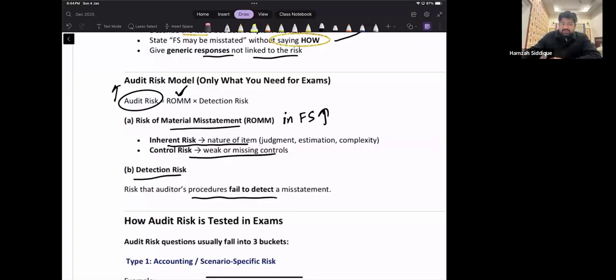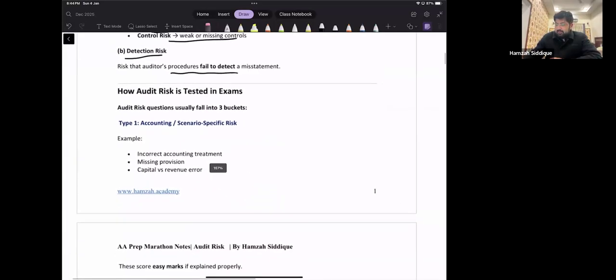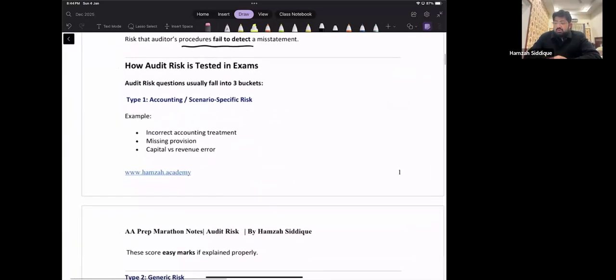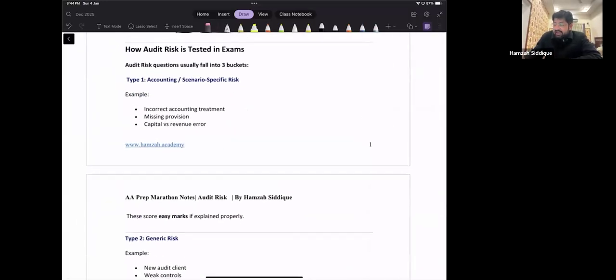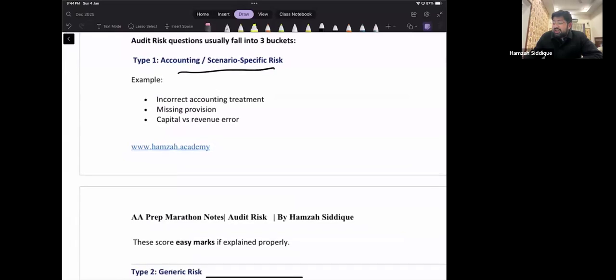So the first point is how audit risk is tested in the exam. First of all, scenario specific matters. In the scenario, they have discussed some information that an accounting treatment has been handled incorrectly, some error in capital and revenue expenditure, or some provision not recorded.